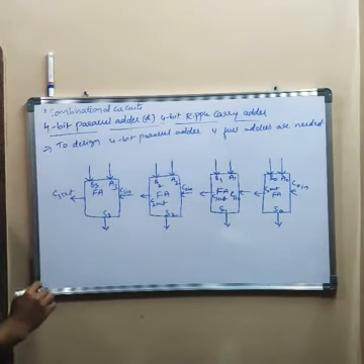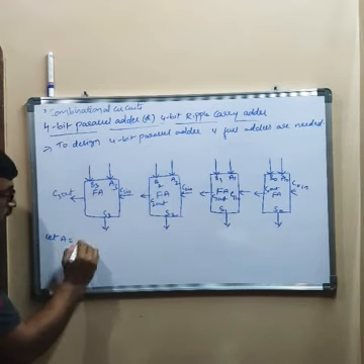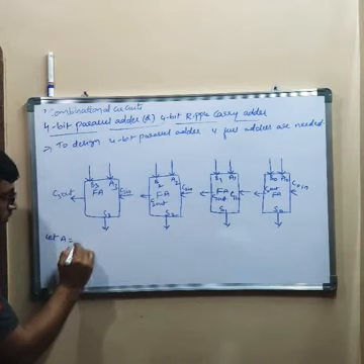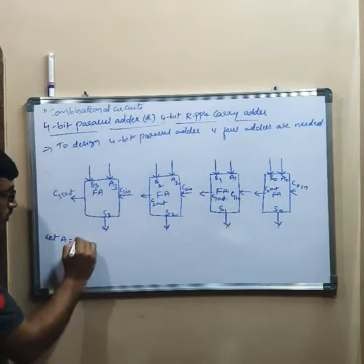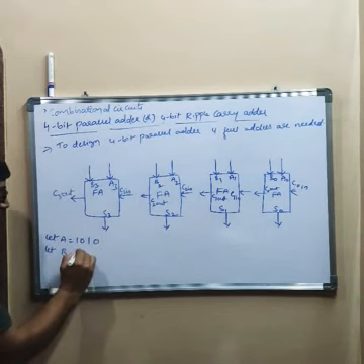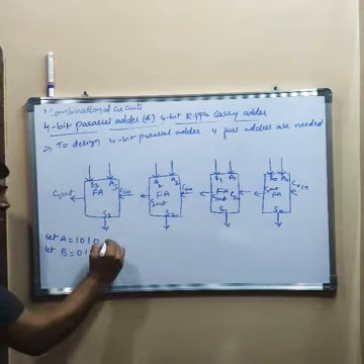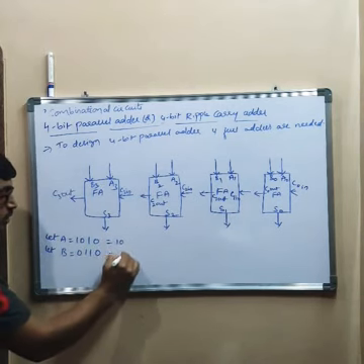I want to add these numbers. Let A is equal to 1010. Let B is equal to 0110. This is equal to 10. This is equal to 6.